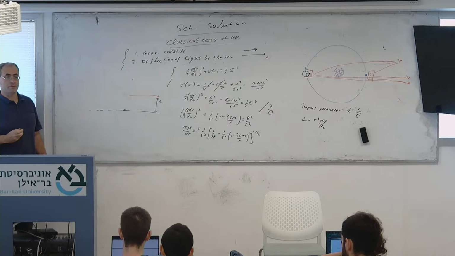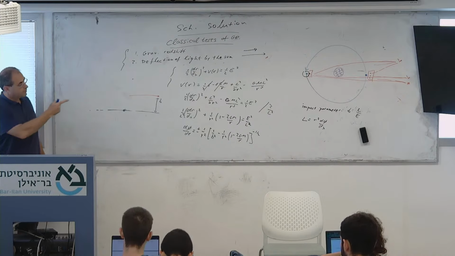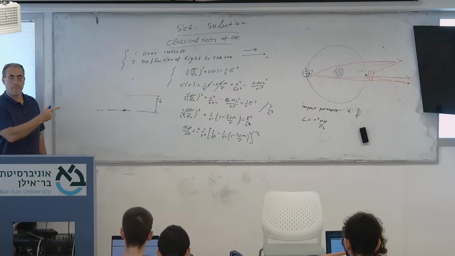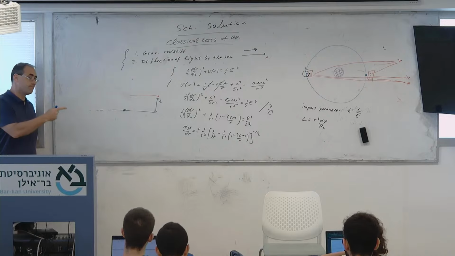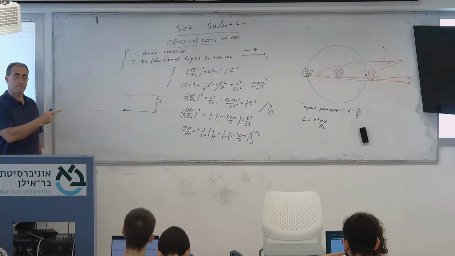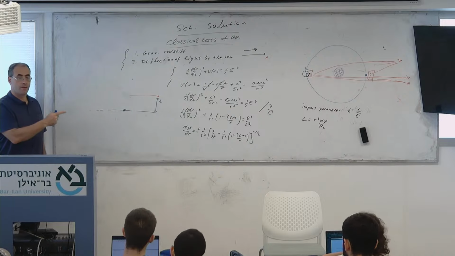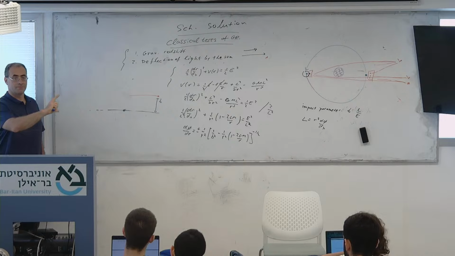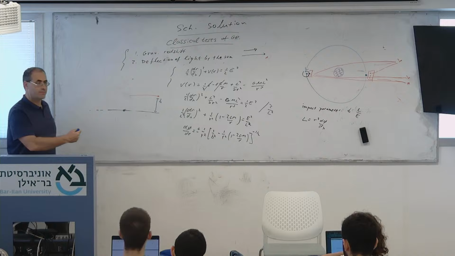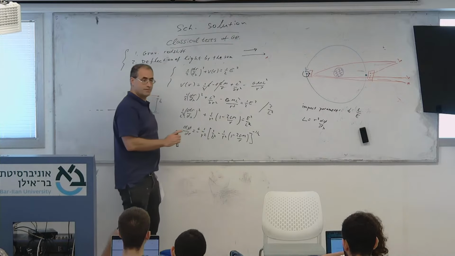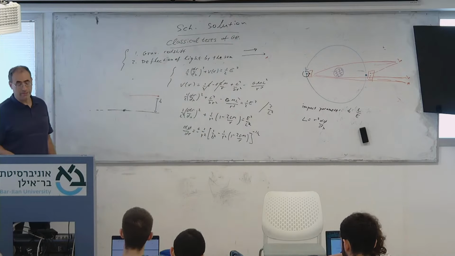So in real life, what's going to be the impact parameter, like in that experiment? It will be the radius of the sun. We cannot have reflection of light inside the sun, right, from stars. It's a minimal impact parameter.